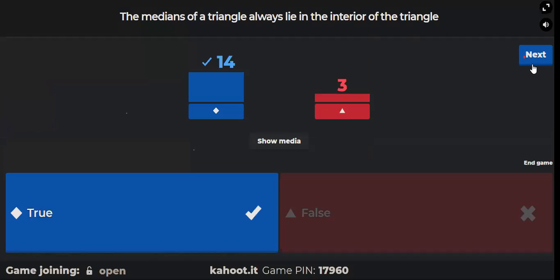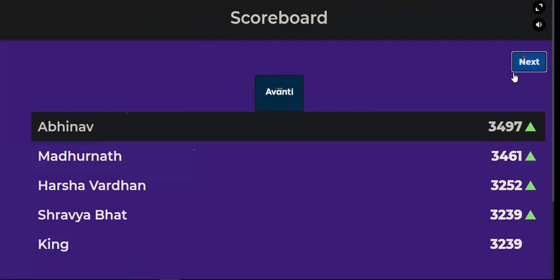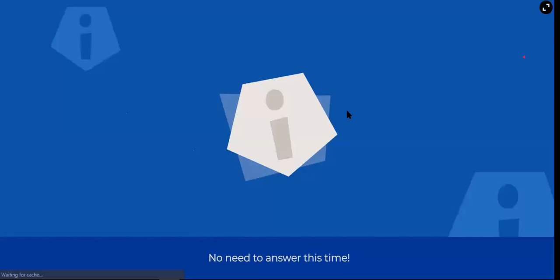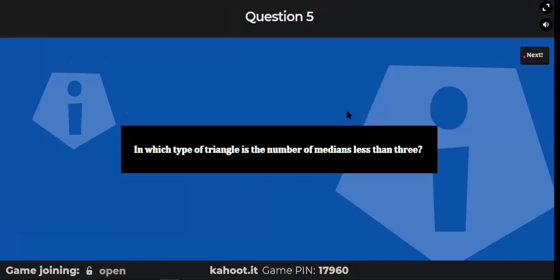It's true, na? They are studied, right? It's true. Again, Abhinav Madhur for second position. In which type of triangle is the number of median less than 3?